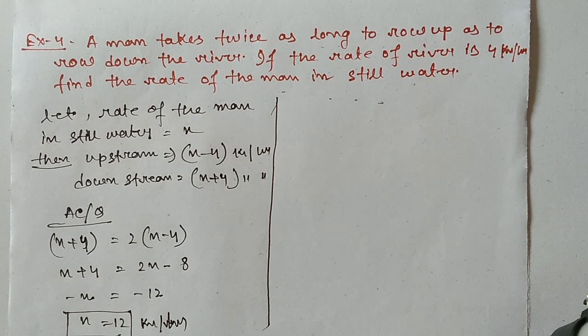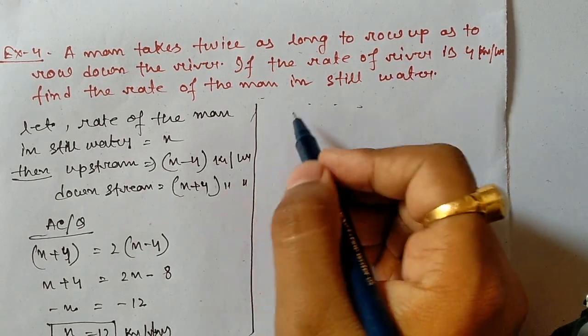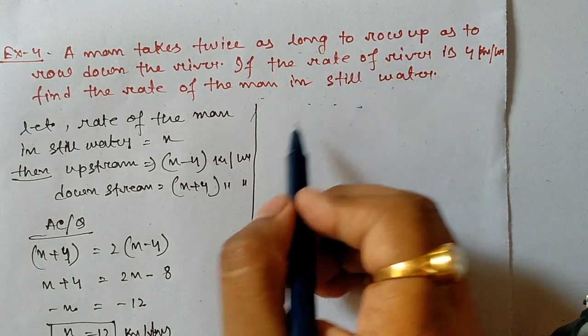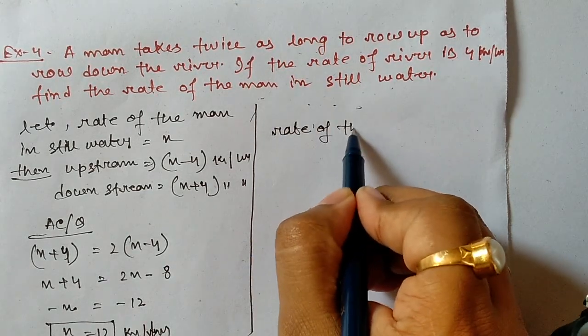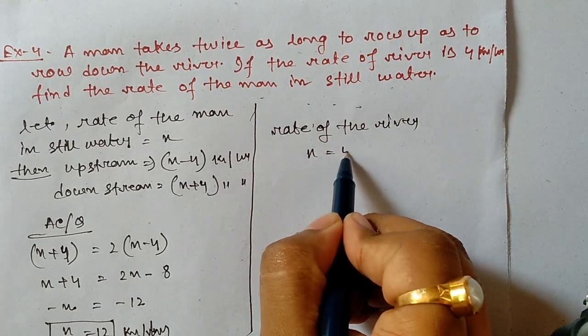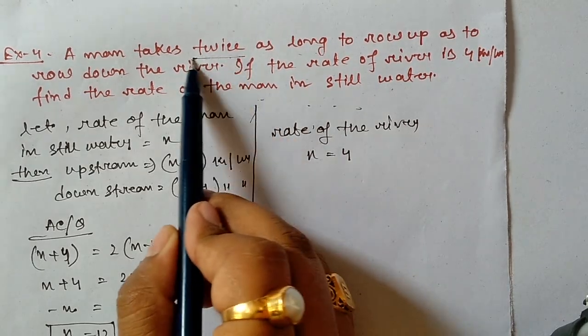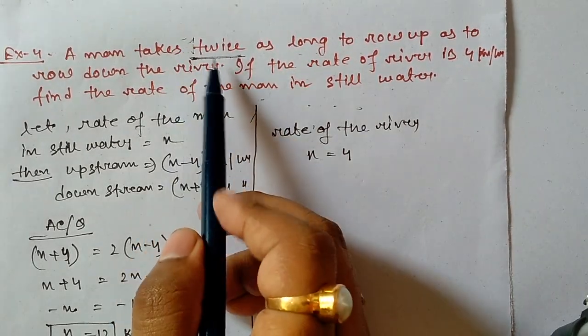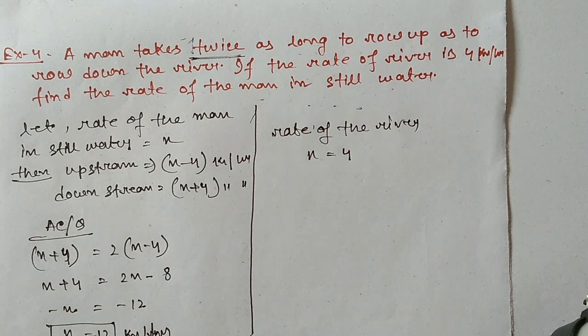Now let me introduce to you the short process. If we consider that the rate of the river, x, is 4 km per hour, and the number is twice.